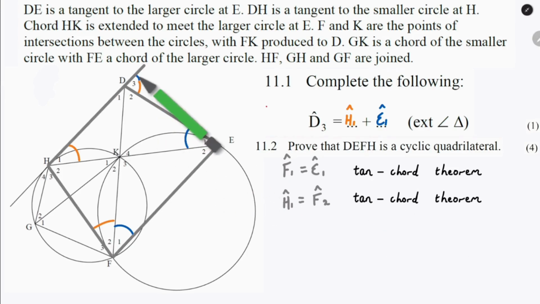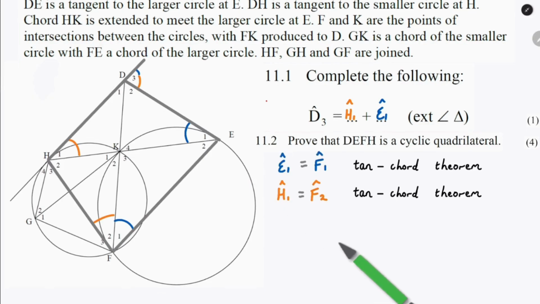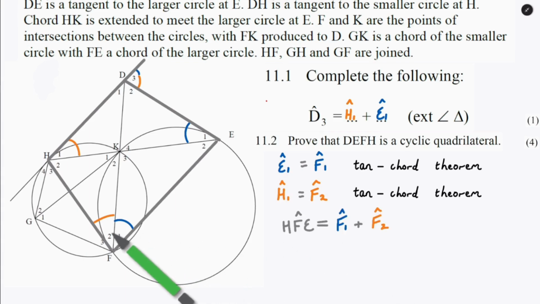Now we've essentially done what we set out to do. We proved that the exterior angle over there is equal to the opposite interior angle over here. We've just got to state it in a mathematical manner. So we have an expression for D3 over here. It's equal to H1 plus E1. Now this angle F over here, I'm going to call it HFE. Angle HFE is comprised of two separate angles, F1 and F2.